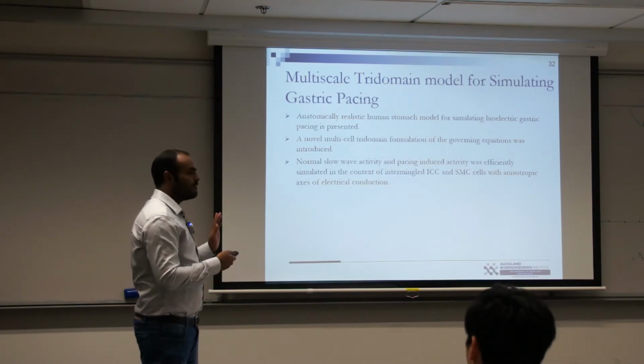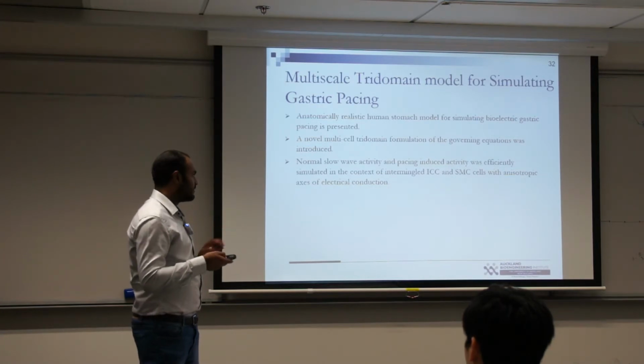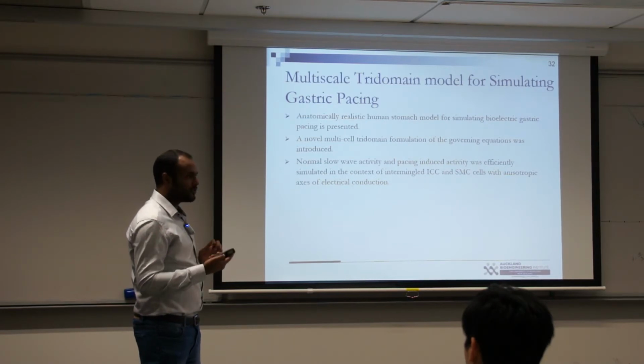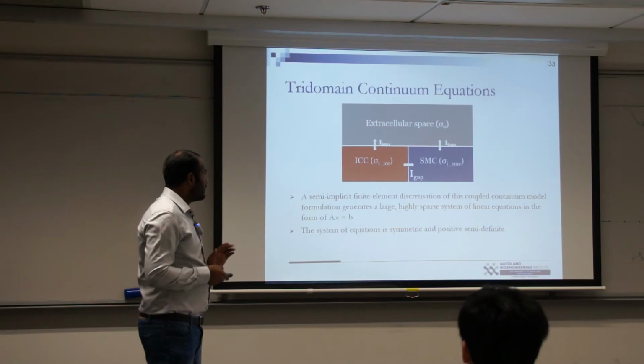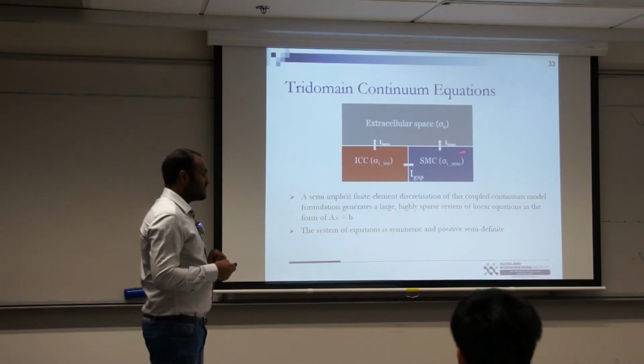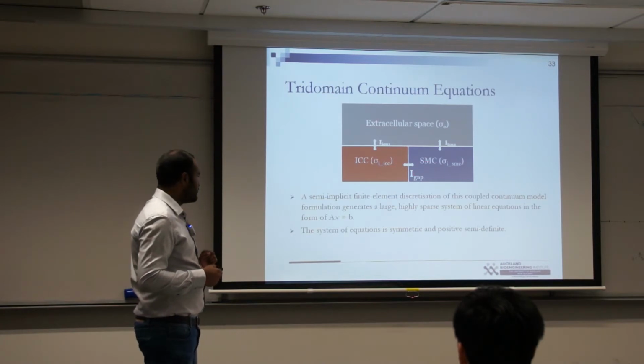Then we develop an anatomical mesh for simulating the electrical activity, whereby, in the context of intermingled ICC and smooth muscle cells, we also include anisotropic propagation and model the effect of external pacing onto the normal activity. As I said, there will be one extracellular space shared by two intracellular spaces, the ICC and the smooth muscle cell, and there will be gap junction based current flowing between these two.